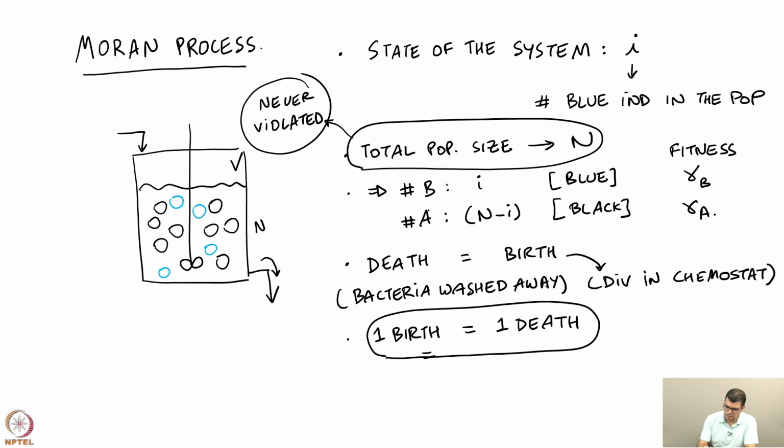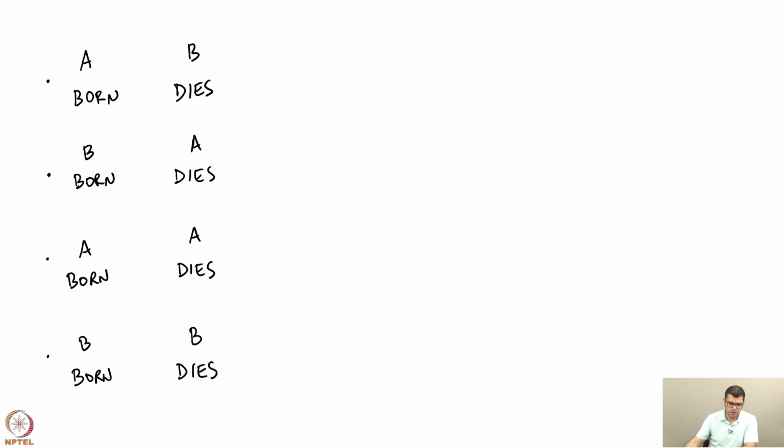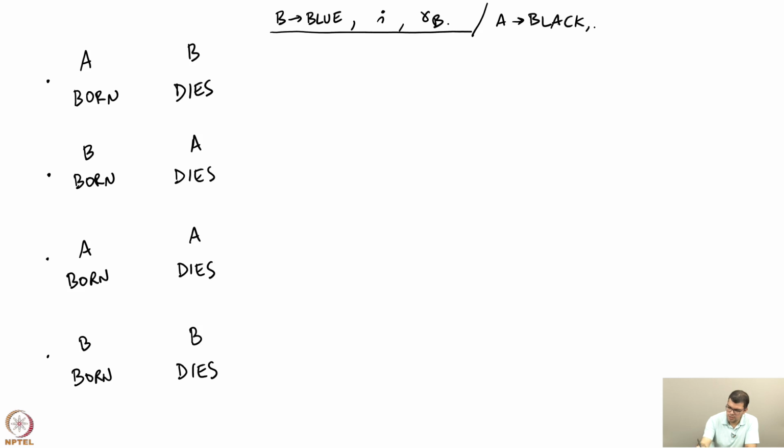B represents the blue type individuals whose fitness is RB and the state is I. So, B is blue individuals. The state of the system is I, that means there are I number of B type individuals and their fitness is RB, and the corresponding quantities for the black individuals: A is black individuals whose number is n minus I and whose fitness is RA.